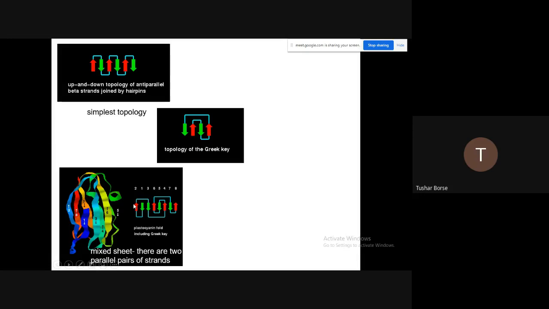In the starting you have the 2, then 1, then the third region, then the sixth region, then the fifth, fourth, seventh, eighth. That means, look, it folds, it goes here, then again it has folded here, then this part has moved far away, and then this region has come closer, again it has come closer, and again it has moved far. Like something like this, the folding is taking place, and due to that you are getting the shape or the size of the protein which is shown in the image.